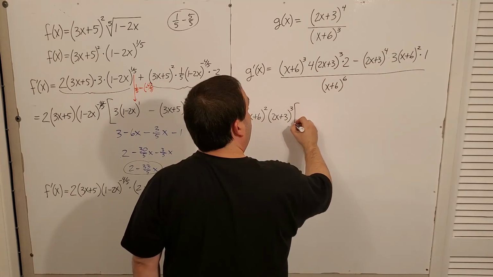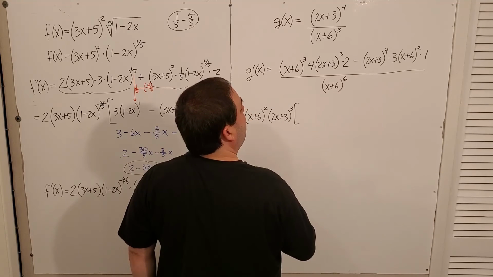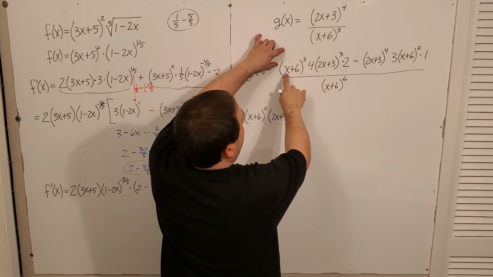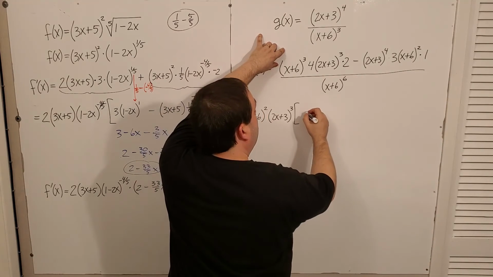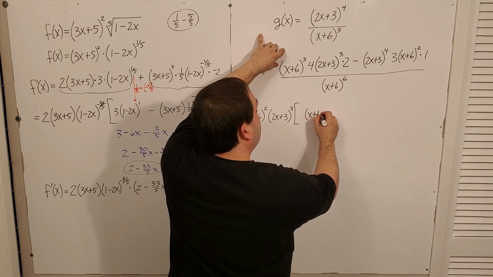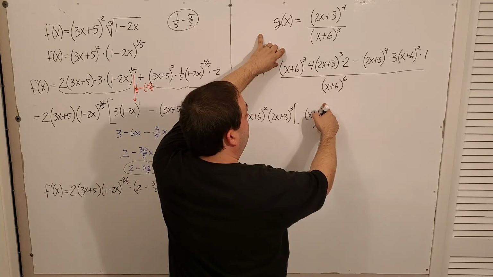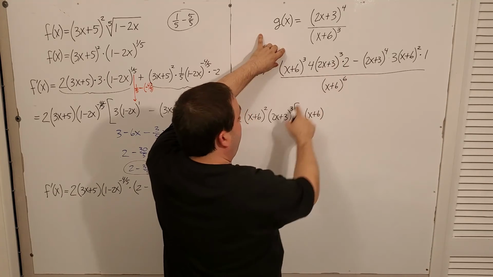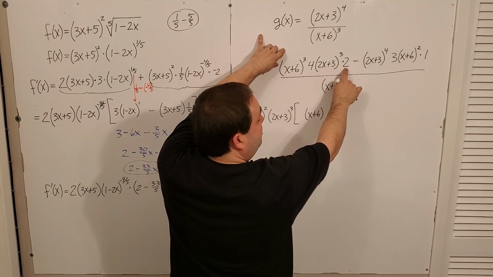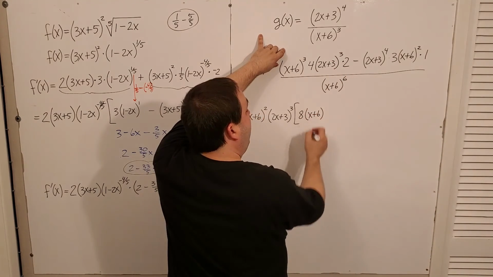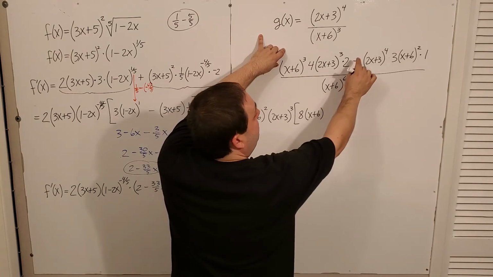So I'll put my big bracket here. And let's see, x plus 6 to the 3, and I took 2 of them, right? So I'm left with an x plus 6 to the 1. 2x plus 3 to the 3, and I took 3 of them, so that piece is gone. But the 4 times 2 is still there, so I have an 8 times that parentheses.